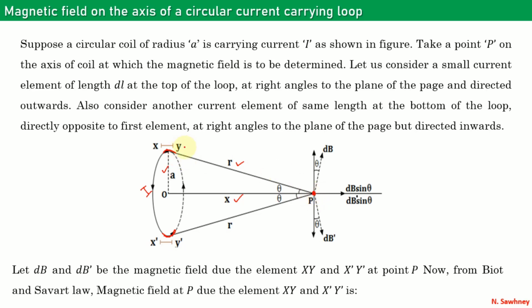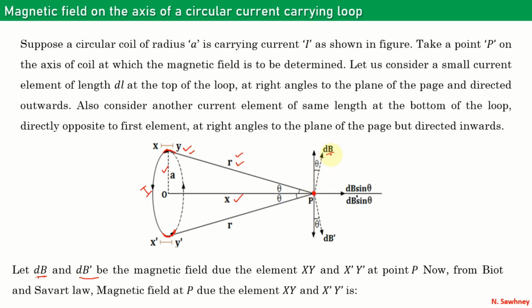Let the magnetic field due to the first current element be represented by dB, and the magnetic field due to the other current element be represented as dB'. Now, when we are calculating the magnetic field at point P, the direction of the magnetic field will be perpendicular to the plane consisting of this current element dl and position vector r by right hand thumb rule.